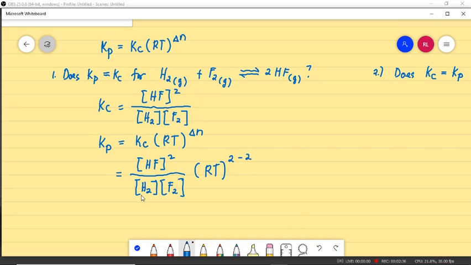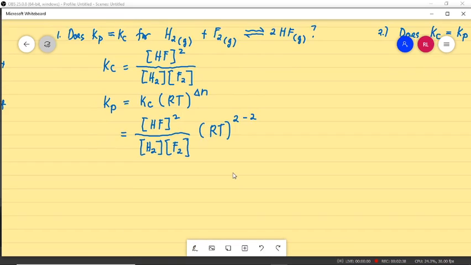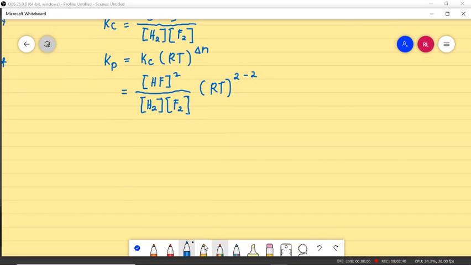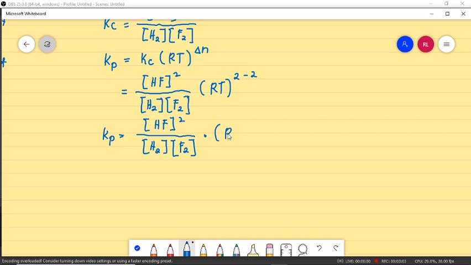So we have here K sub P is equal to K sub C times RT raised to the power of, what is 2 minus 2?